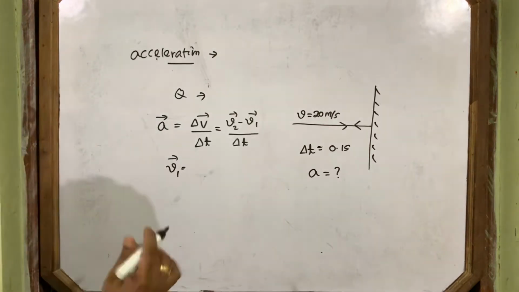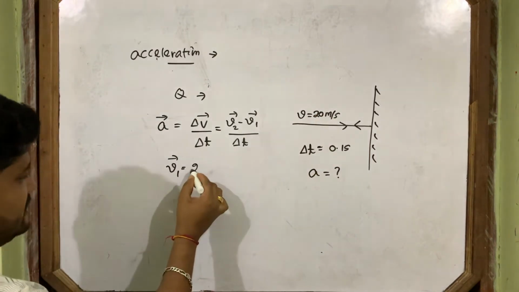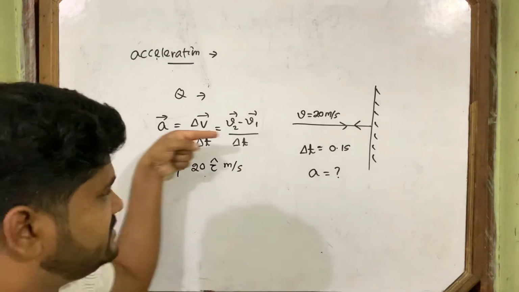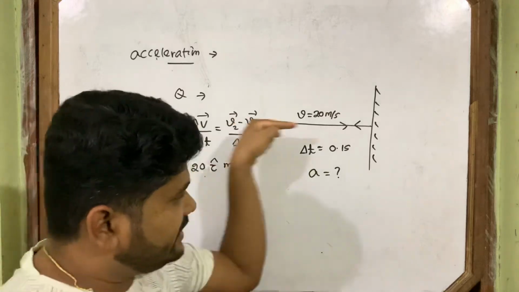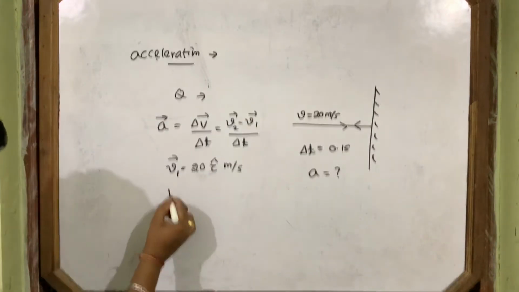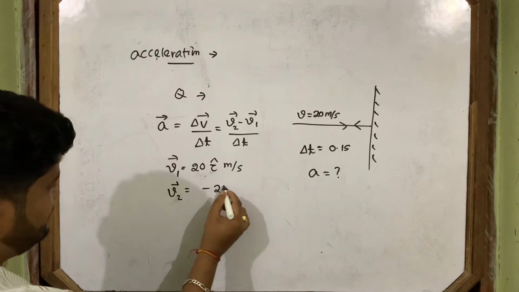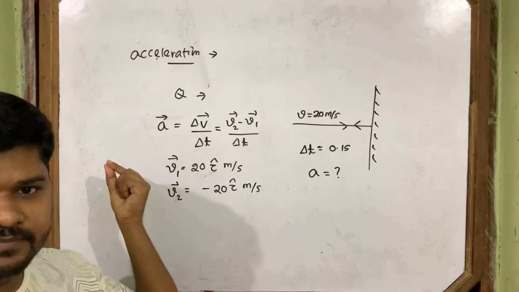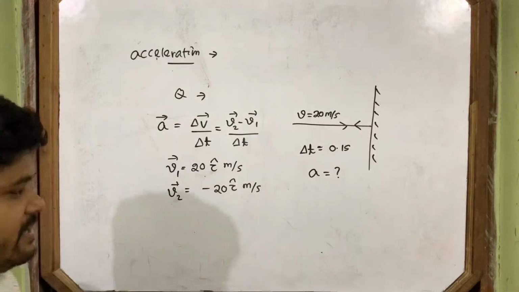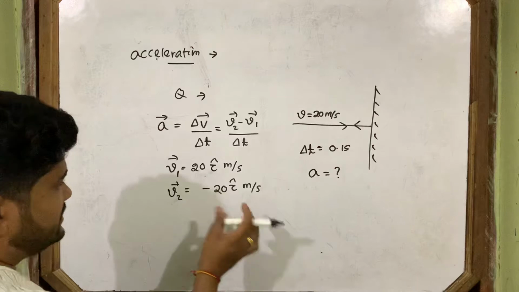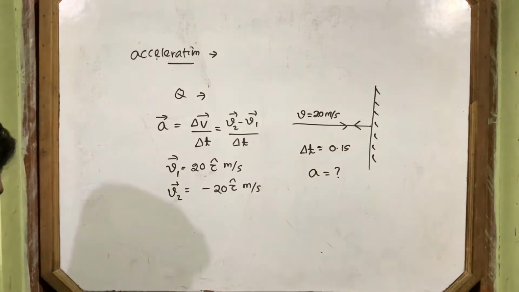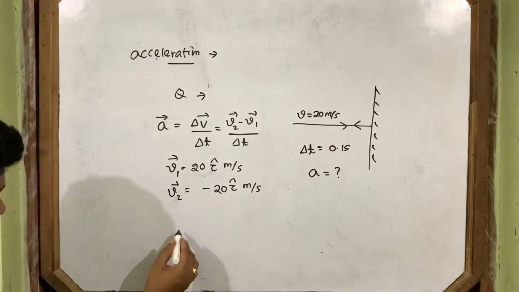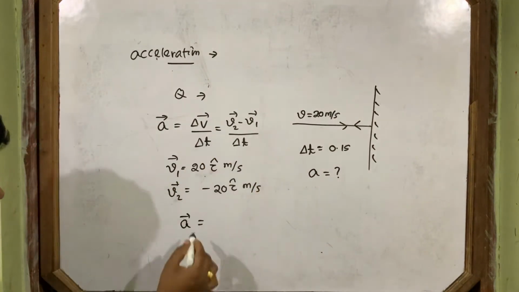But what is V1 vector here? V1 is 20 I cap meter per second, because it goes like this, positive x-axis, 20 I cap. V2 vector is minus 20 I cap meter per second, returning back. Then time interval is 0.1 second. Then what is the acceleration? Acceleration is equal to V2 minus V1 divided by 0.1.